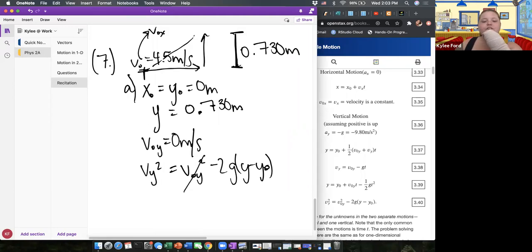So this value is going to be 0 meters per second. That was kind of given since he was running horizontally, not vertically. And then my y minus y naught is going to be 0.730 meters. Okay, this is my y value.